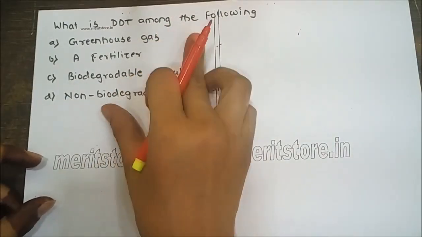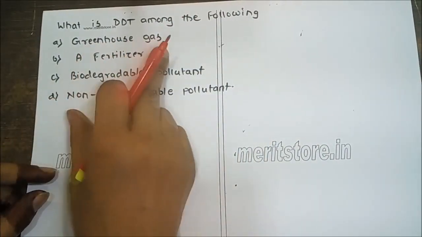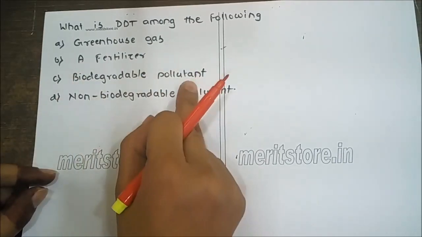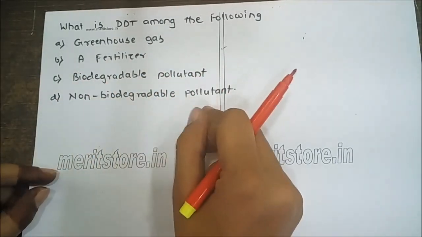What is DDT among the following? A. Greenhouse gas. B. A fertilizer. C. Biodegradable pollutant. And D is non-biodegradable pollutant.